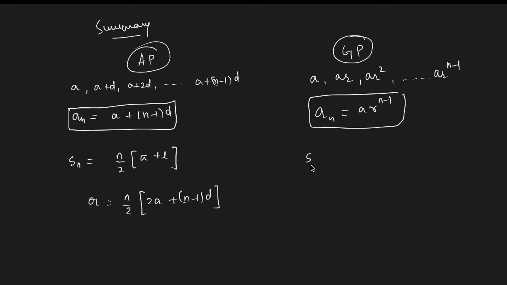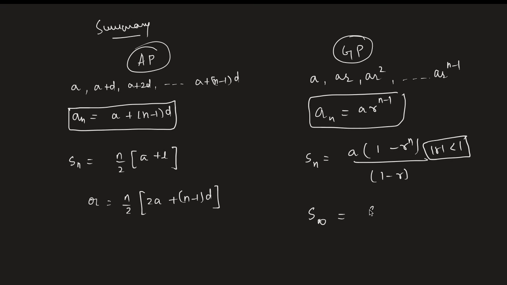The sum of n terms of a GP is given by the formula a times (1 minus r to the power n) divided by 1 minus r. The sum of infinite terms of a GP can be given by the formula a upon 1 minus r, and the condition is mod r is less than 1 and n is tending to infinity.